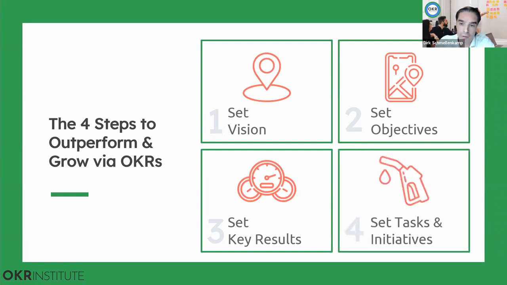And the 4th step is your tasks and initiatives, which indicate if you still have enough fuel in your tank. So actually, what do you do in order to achieve your key results? So these are the 4 steps: set vision, set objectives, set key results, and set your action plan, tasks, initiatives.